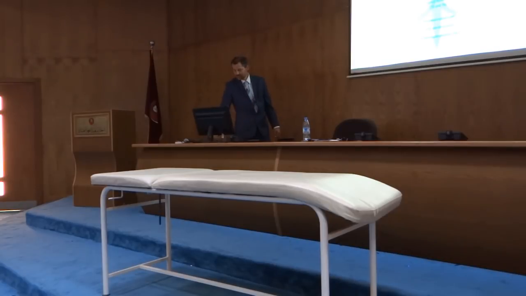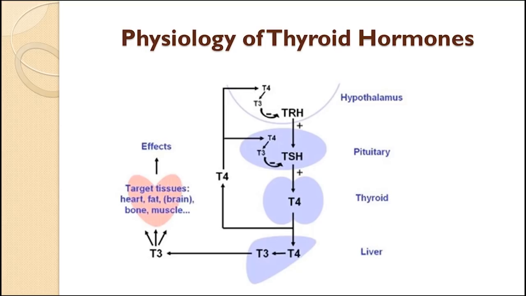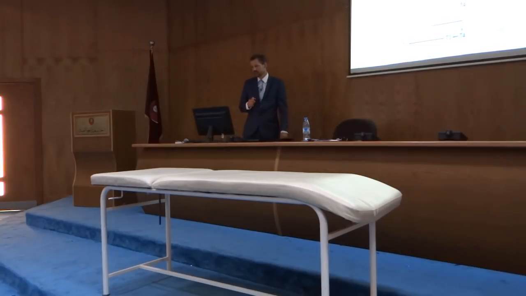T4 then gets converted in the liver to T3, and that works on the rest of the body. It works on the heart, increasing the heart rate, increases the metabolism, and affects bone growth and muscle growth as well. So that's just a quick overview of the thyroid hormones.